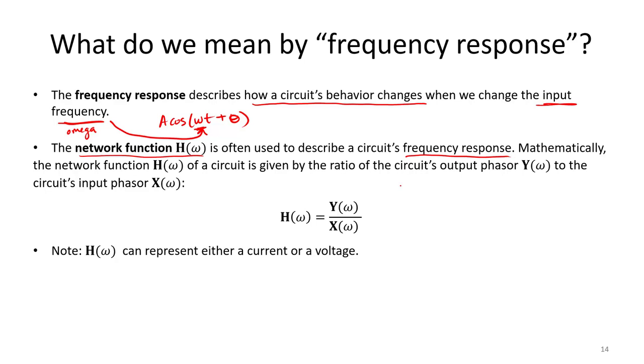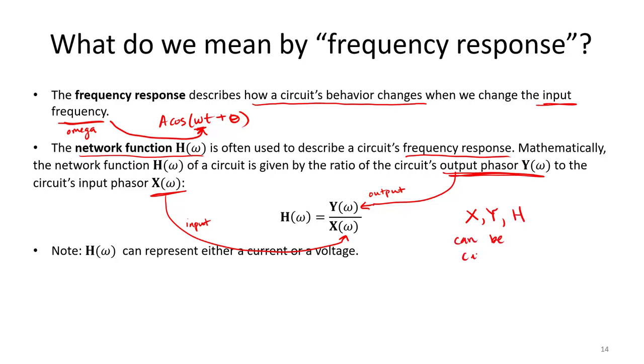Mathematically, we say the network function is the ratio of our output phasor, in this case we called the output Y, divided by the input phasor, X. And so notice in this case, the phasors X, Y, and H, these can be currents or voltages. So depending on your problem, depending on what you're trying to solve, you might be dealing with both currents and voltages, or just one of them in this calculation.